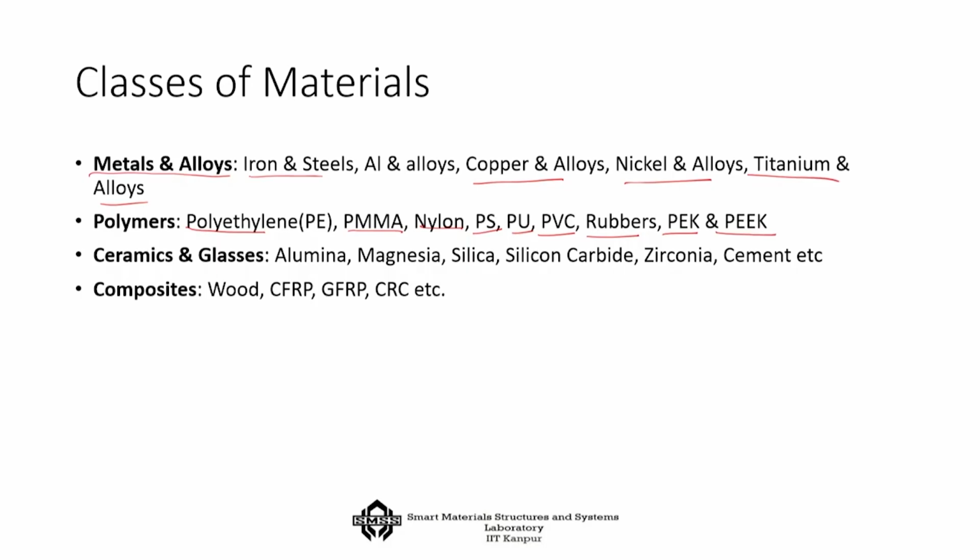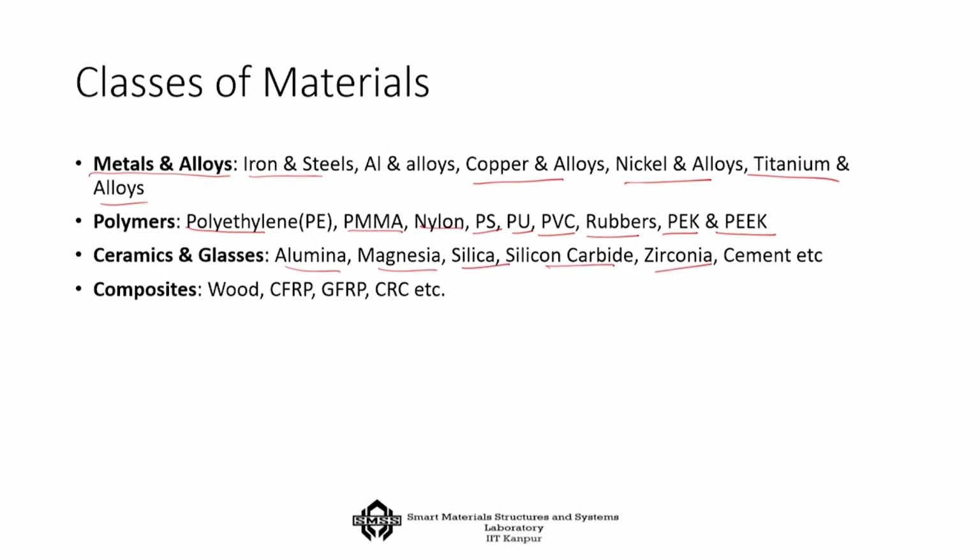We should say technical ceramics, because ceramics have been with us for a very long time. Think of those kulhar which we use for chai, that is also ceramics. But today the ceramics we are talking about are very high temperature and very special grade ceramics like alumina, magnesia, silica, silicon carbide, zirconia, cement, etc.